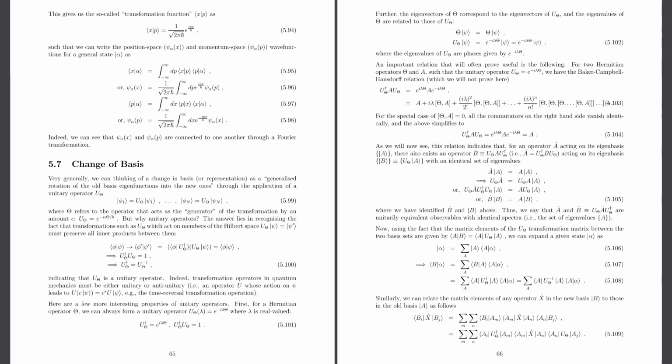Good. So note, when I write down U of theta as e to the minus i lambda theta, U dagger is just that minus i becomes plus i, such that U dagger U must equal 1.